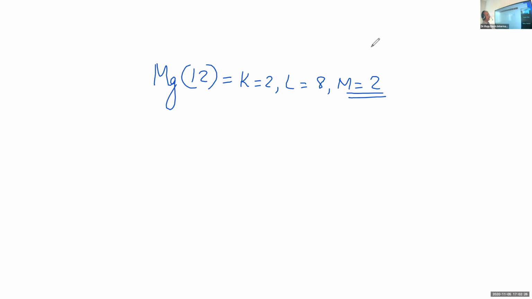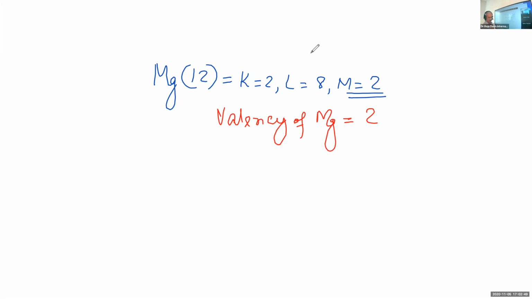And therefore, the valency of magnesium is equal to the number of electrons present in the outermost shell, that is equal to 2. Because during chemical changes, 2 electrons are lost from an atom of magnesium.